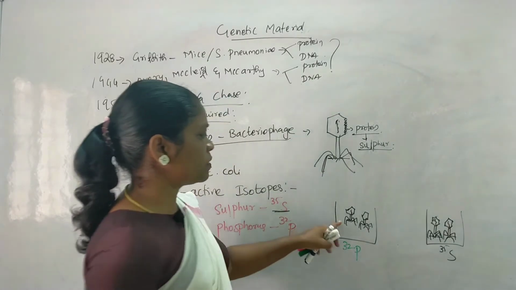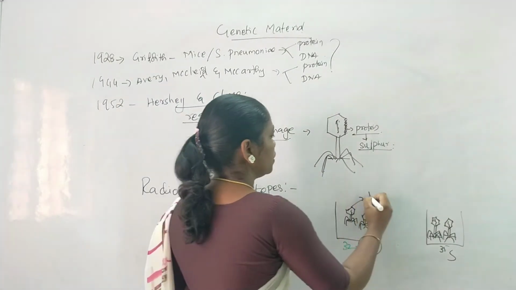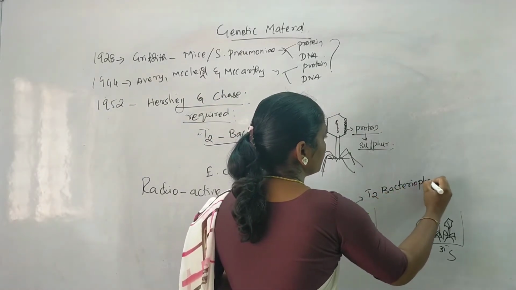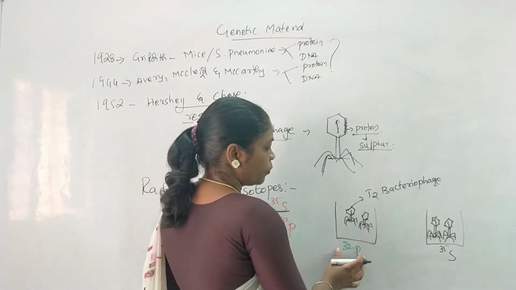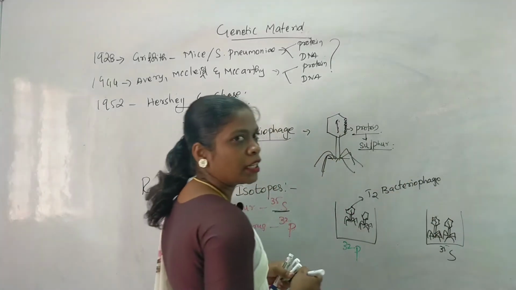They have cultured one group of T2 bacteriophage with phosphorus 32, and the other has been cultured with sulfur 35.